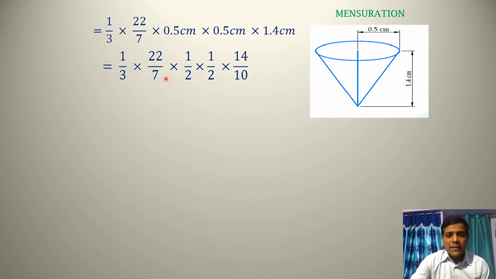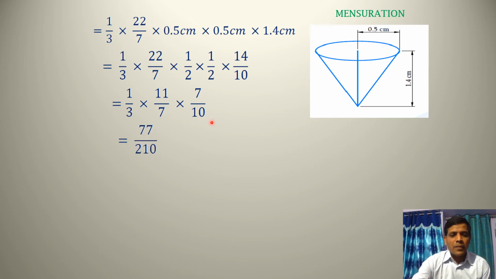Here 7 ones are 7, 7 twos are 14, so they cancel, and 2 ones are 2, 2 elevens are 22, so they cancel. We get 1/3 into 11/7 into 7/10. Multiplying, 11 into 7 is 77, and 3 into 7 into 10 is 210.